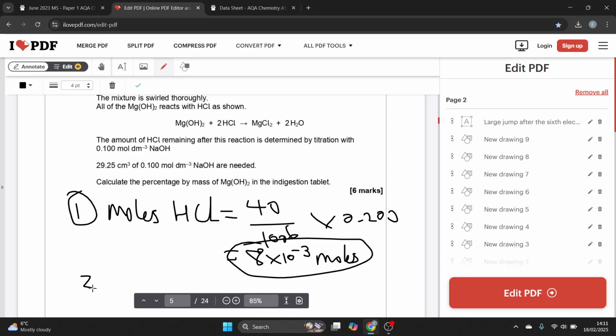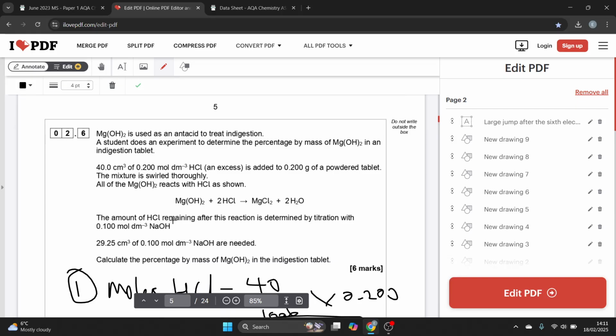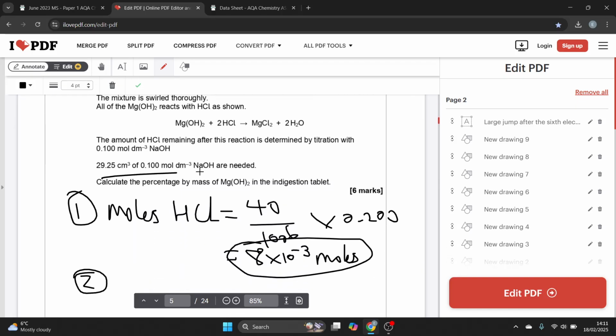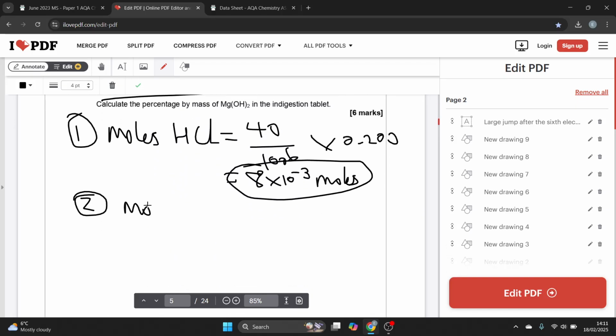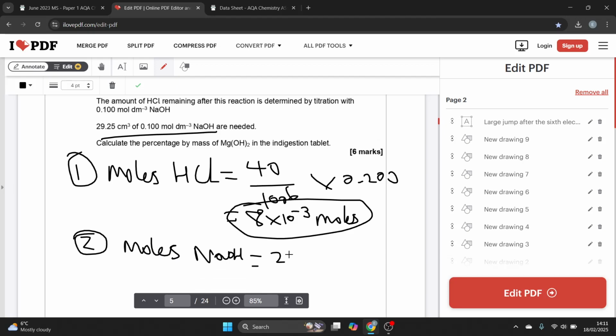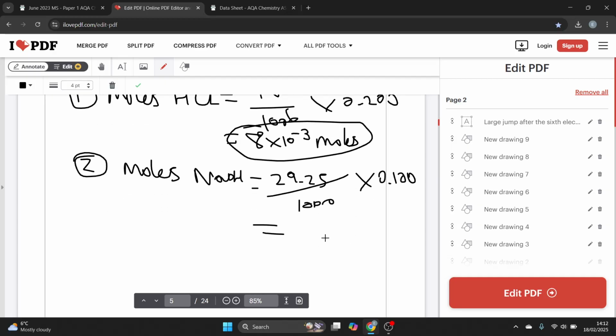Then what I need to do is ask, okay, now what else can I find out? Well, I can find out the number of moles of this, which is going to be 29.25 divided by 1000 times 0.100, 2.925 times 10 to the power minus 3.